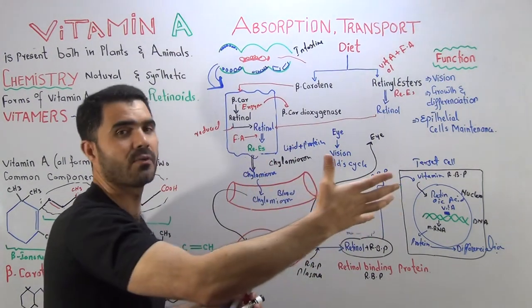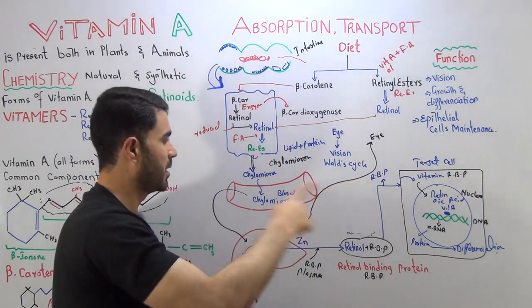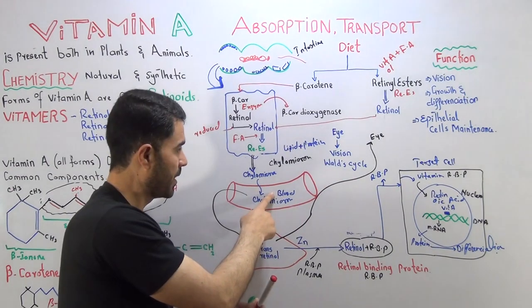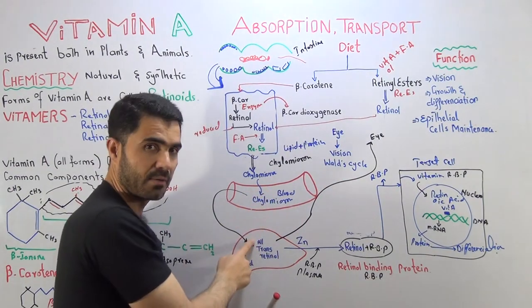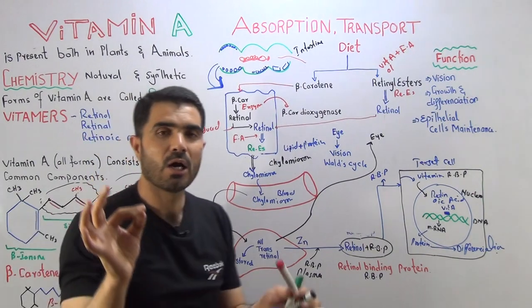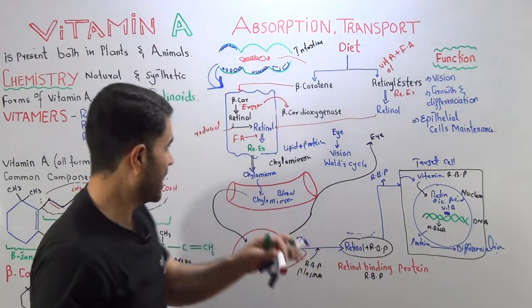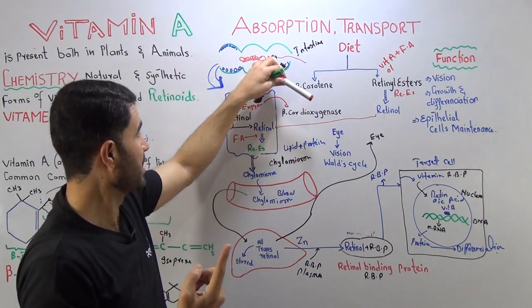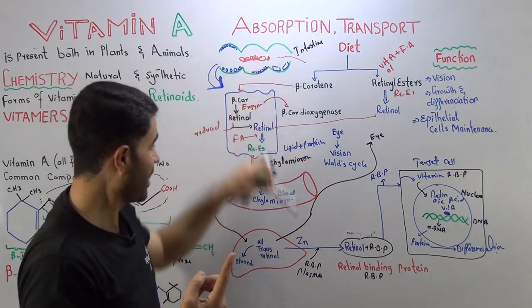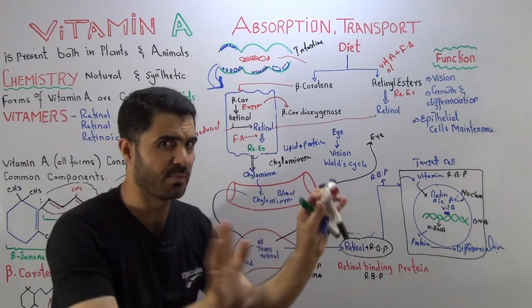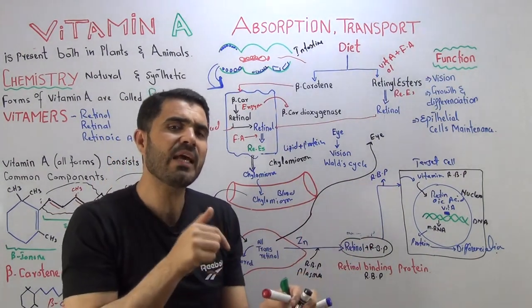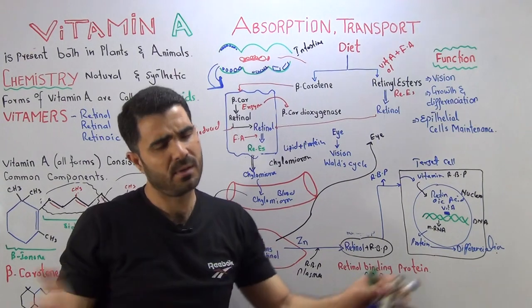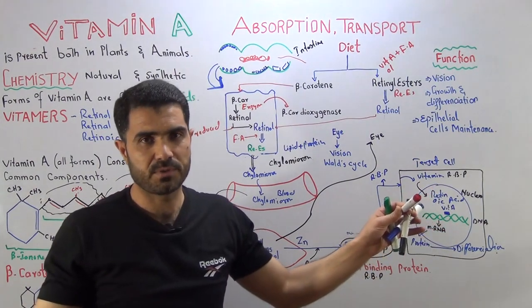I said, okay, come on, vitamin A, I will take you inside blood, from blood to the liver. Remember, what is absorption? Absorption is this transfer of vitamin A from intestinal cells into the blood. Once the vitamin A has arrived in your blood, you can call it absorption.